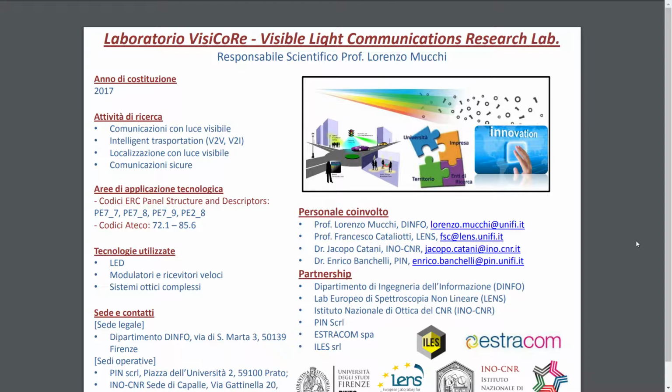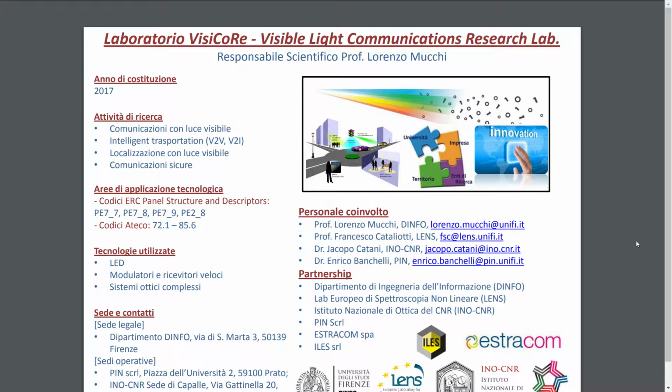Lorenzo Mucchi is a professor of the Department of Information Engineering of the University of Florence and is the scientific responsible of the laboratory. But you also have Professor Francesco Cataliotti of LENS. You also have Dr. Jacopo Catani of CNR. You also have Dr. Enrico Banchelli of PIN.